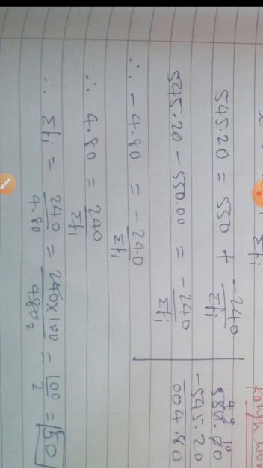So 240 upon 4.80 becomes 480, and in the numerator 100 is written. This is a very convenient method. In this type of case, always remove the decimals. So it is 240 upon 480 into 100.